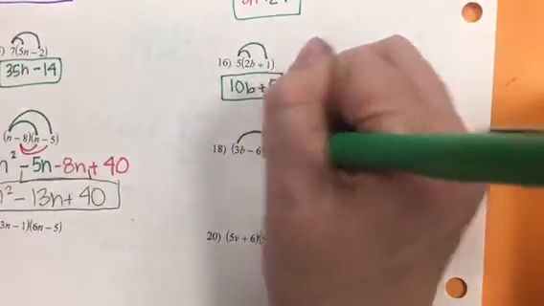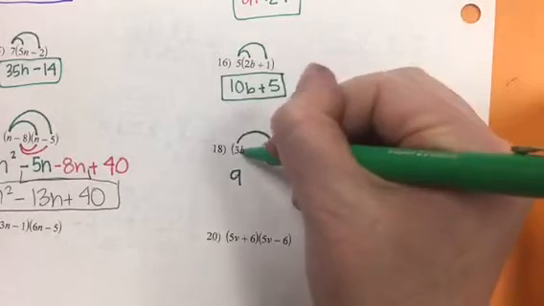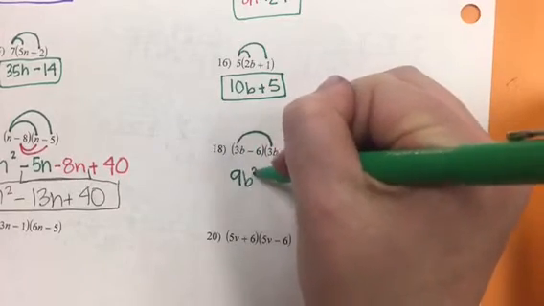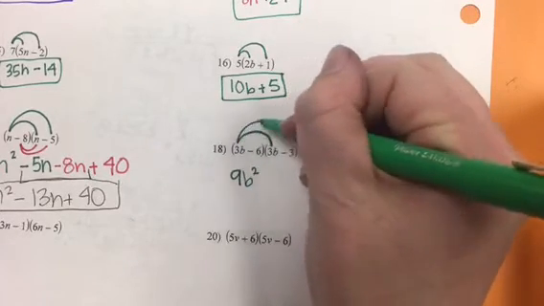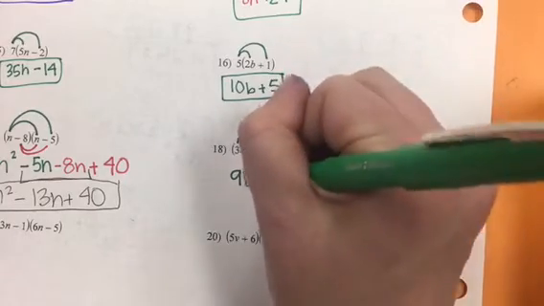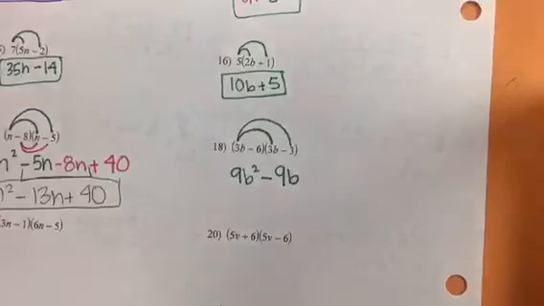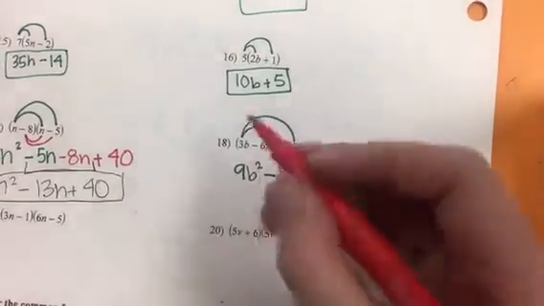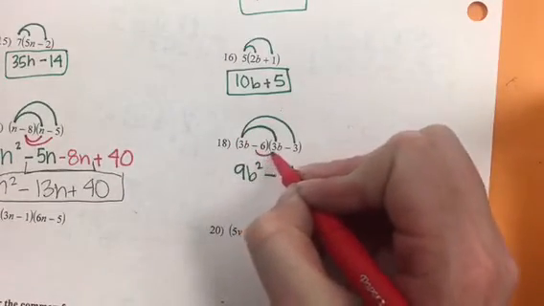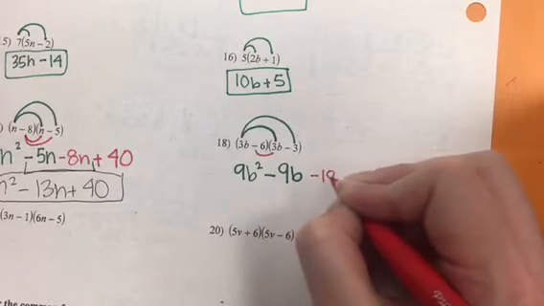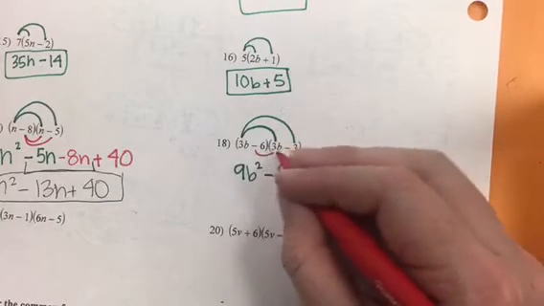Three times 3 is 9 with 2 b's, which means it is squared. 3 times negative 3 is a negative 9 with only 1 b. Negative 6 and a positive 3 is negative 18 with only 1 b.